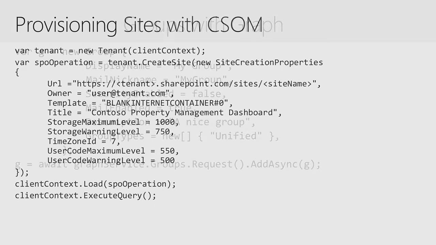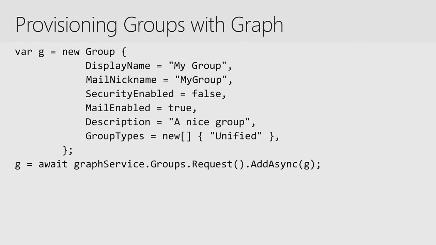So that's a thing. But then let's look at provisioning a group with the graph. Okay, this becomes a lot clearer. Hopefully you can look at this and understand exactly what it's doing, even if you're not a developer, right?